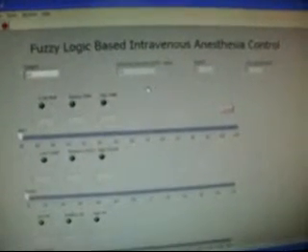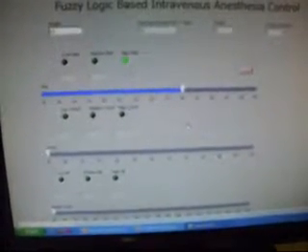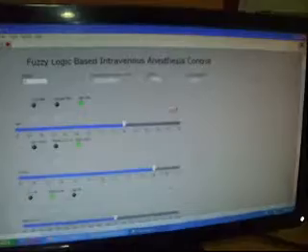Suppose the induction dose is delivered, and after the settling time, we will consider one situation. For this situation, let us consider mean arterial pressure is 80, oxygen saturation is 98, and the heart rate is 96. For this situation, the depth of anesthesia becomes 82 and the drug rate becomes 127.